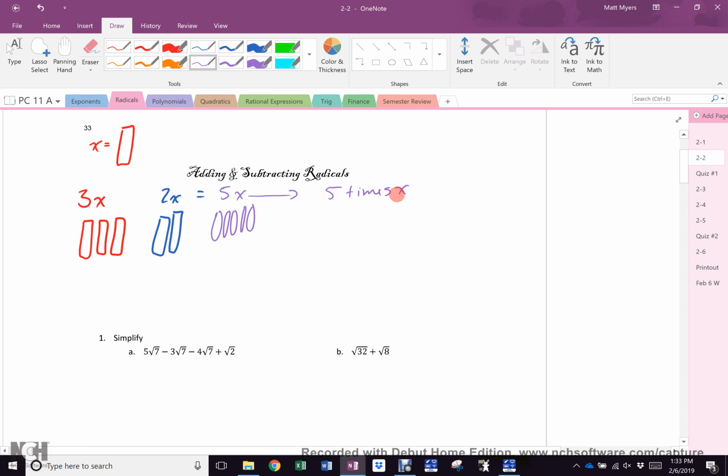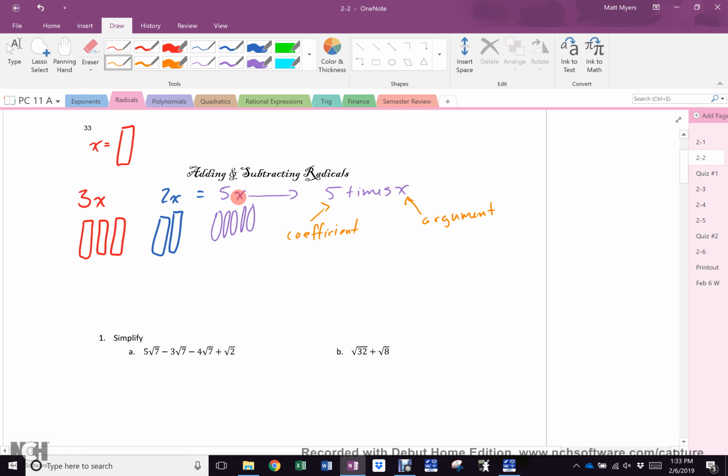Agreed? And in math, we know that 5 is a coefficient. And the x has lots of names, but once it's put into this situation, we call it an argument. Okay?